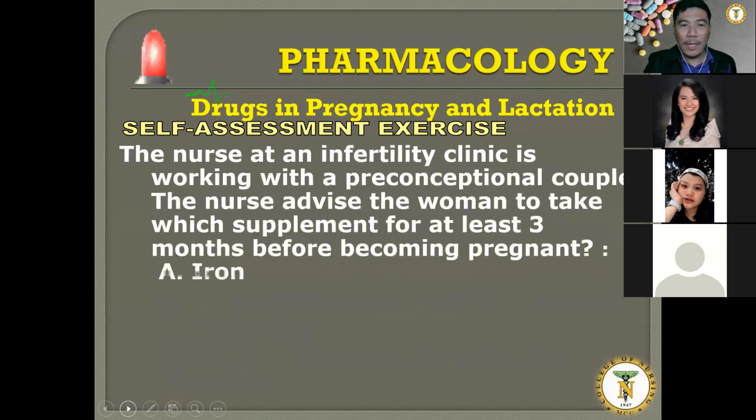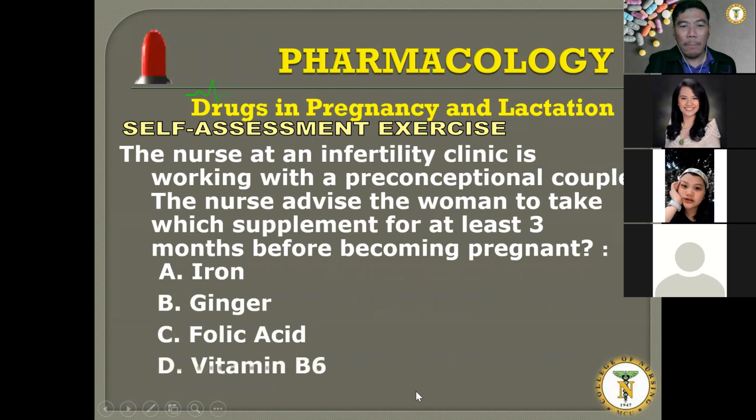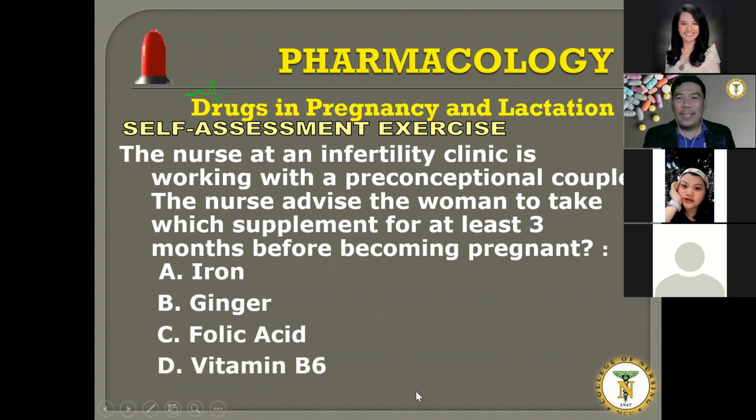The nurse at an infertility clinic is working with a preconceptional couple. The nurse advised the woman to take which supplement for at least 3 months before becoming pregnant? Iron, ginger, folic acid, vitamin B6. So Miss Sipin, answer? Letter C po. Tingnan natin ha.